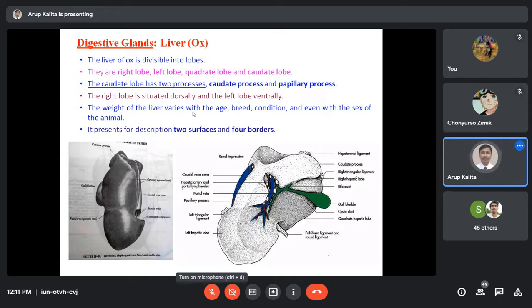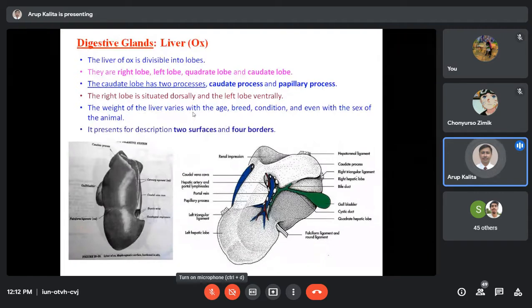That means if a cattle has 100 kg body weight, then the weight of the liver is 400 gram. Clear? 400 to 500 gram. 0.4 to 0.5% of the total body weight.